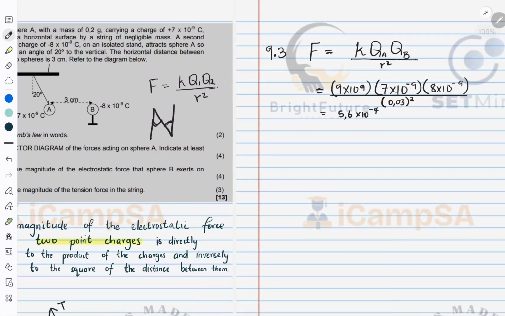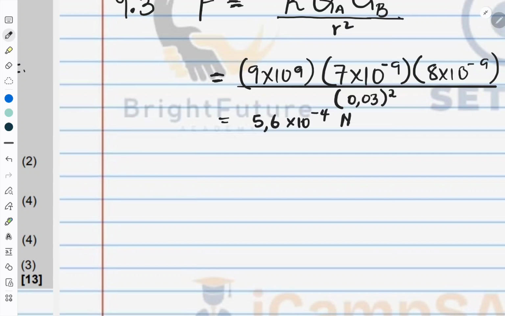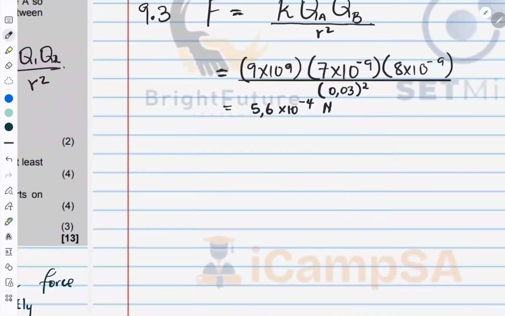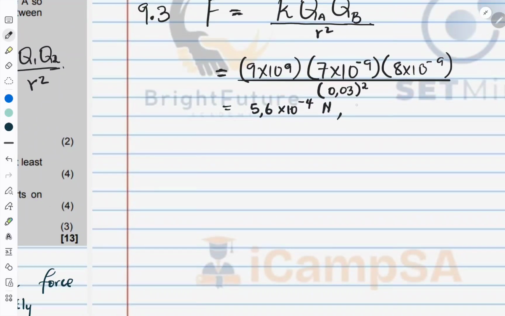In this case, they said the electrostatic force that sphere B exerts on sphere A, so we are looking at things from the perspective of sphere B. Sphere B will exert a force of attraction on sphere A, and that force will be towards B. It will be pulling A towards itself. So let's just say attraction.